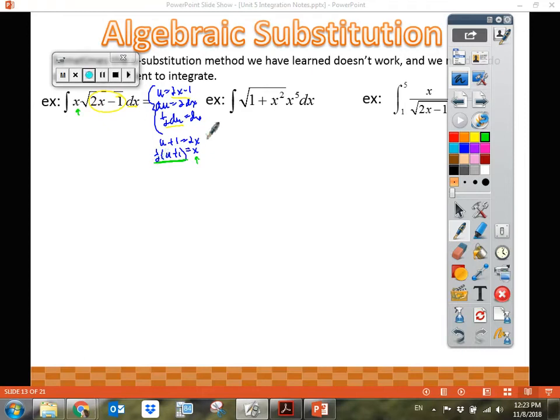And I'm going to put them outside the integral. So we're basically going to have a half times a half, or 1/4. So we have 1/4 outside there. So replacing the x is going to be this piece right here. I already have the 1/2 here, so the u plus 1. And then replacing this would be u to the 1/2.